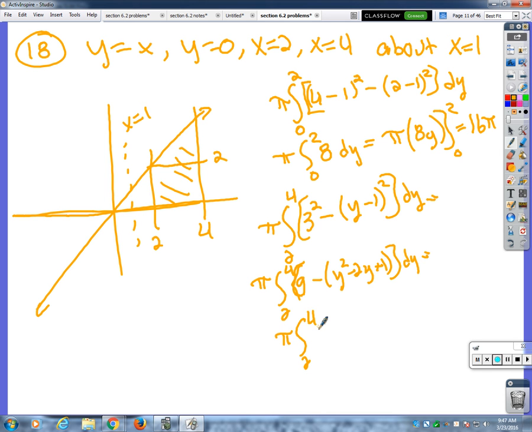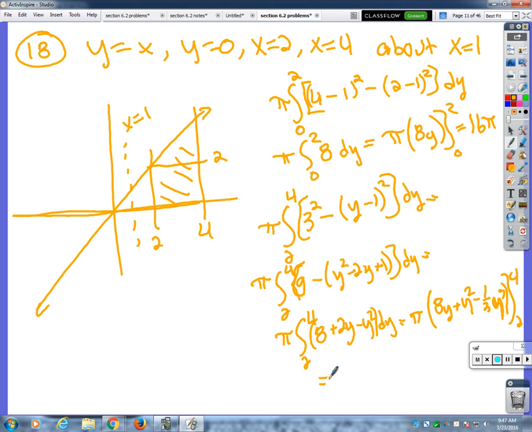So 9 minus 1 is 8, plus 2y minus y squared. I ended up doing that all backwards for some reason. So the antiderivative of 8 is, oh, this is going to be gross though, because it's from 2 to 4. So that is 8y plus y squared minus 1/3 y cubed, from 4 to 2.